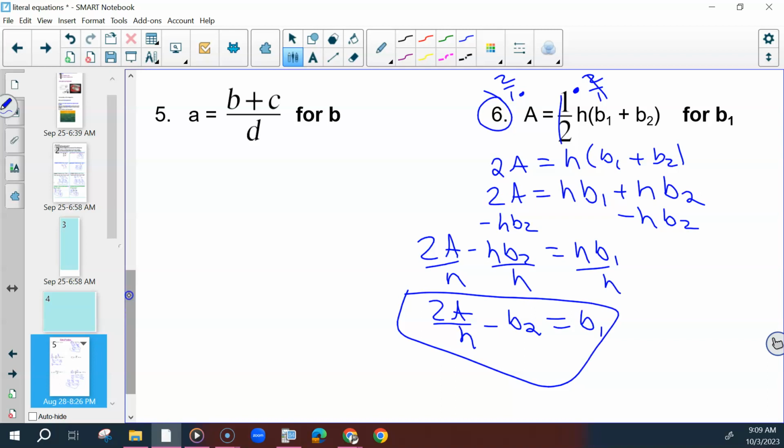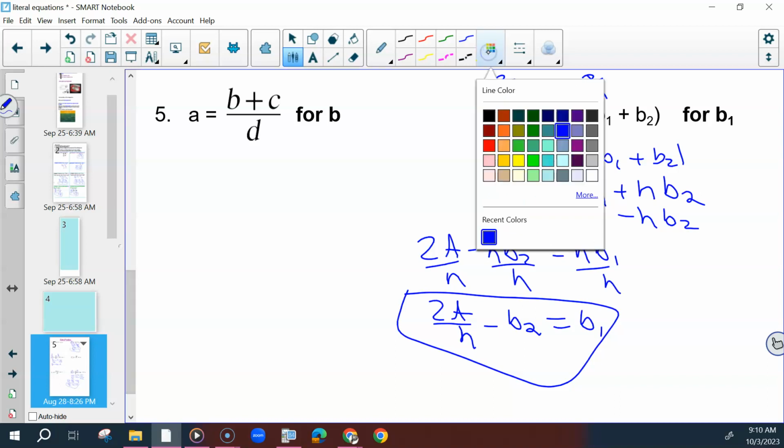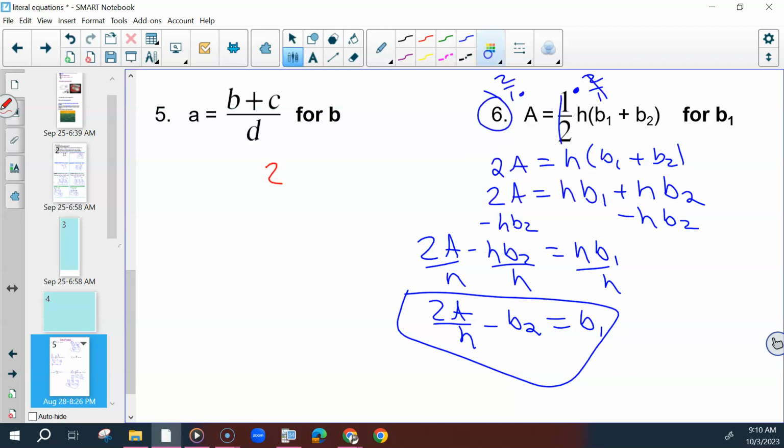So instead of distributing, if we had divided both sides by h here, I'm just going to write this over here. If we had divided both sides by h here, then we have this part, 2a over h. And then we would have just subtracted the b.